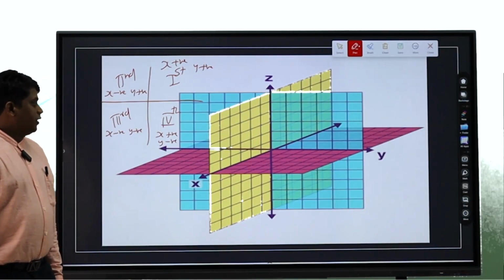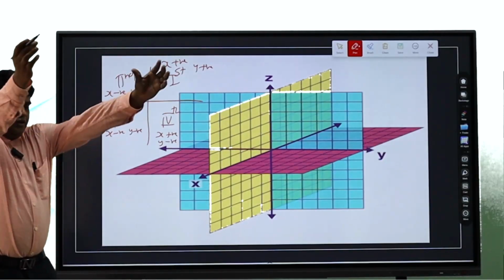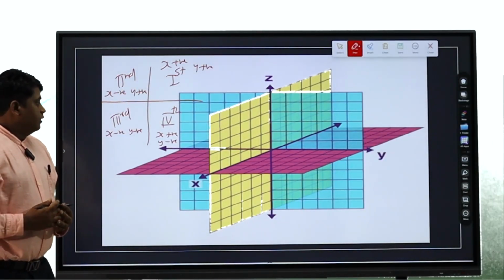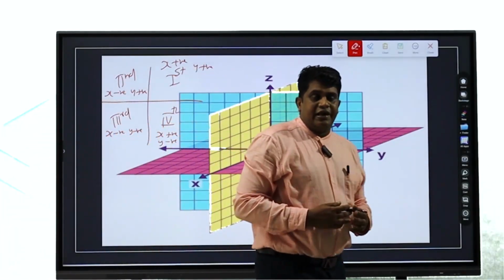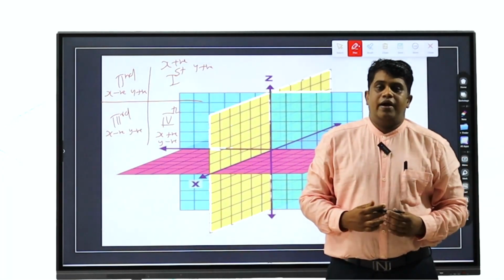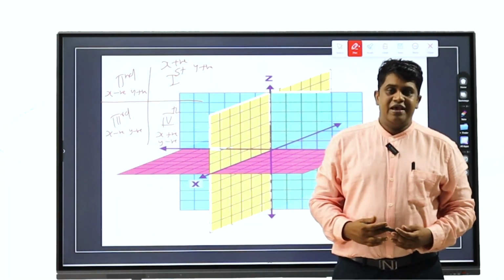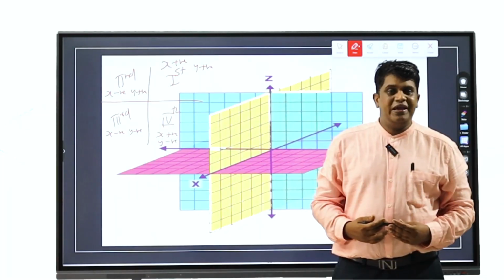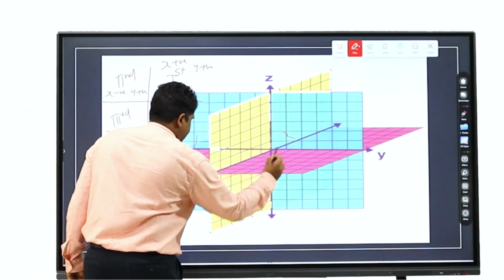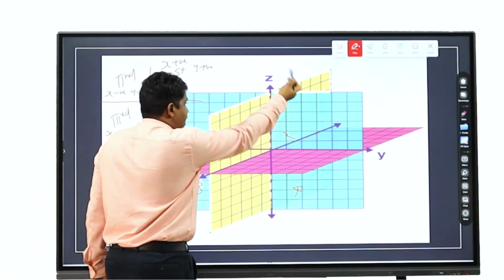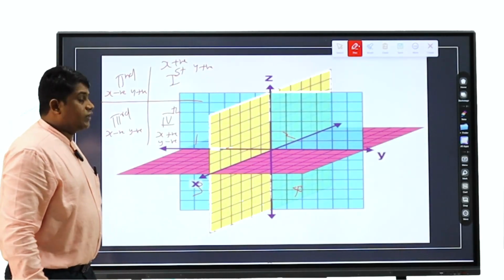But what about space? These 3 reference lines, that is the x-axis, y-axis and z-axis, divide the total space into 8 equal parts, and these parts are said to be octants. Look here: first octant, second octant, third octant, fourth octant, and on the back side there are 4 more, so a total of 8 octants.